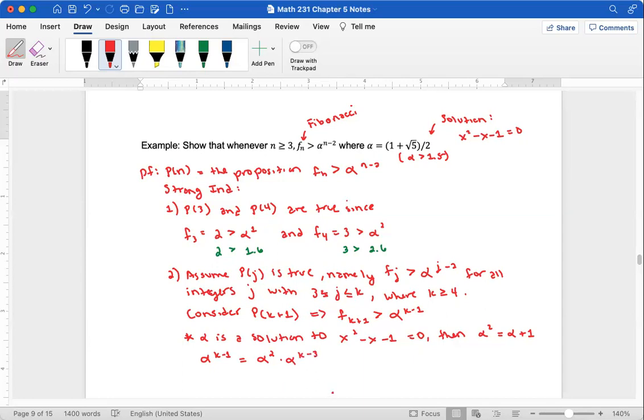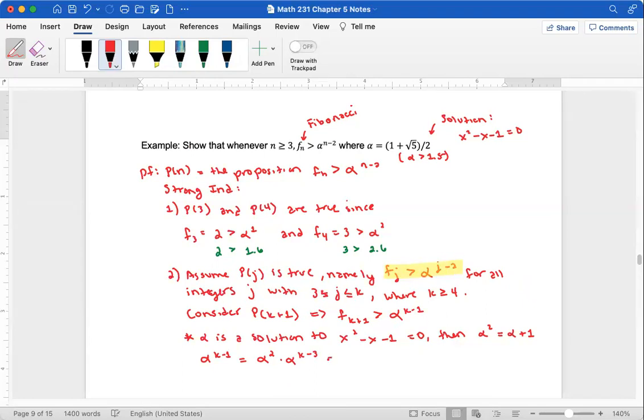Now, the reason I'm doing that is I'm going to pull in the information I had previously, that f sub j is bigger than alpha to the j minus 2. I overshot a little bit, I went to k minus 3, because I have to do the previous two terms.